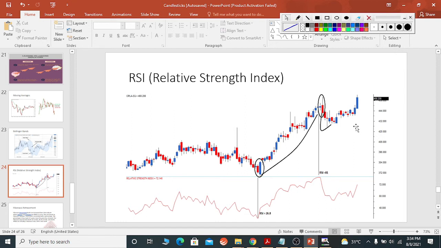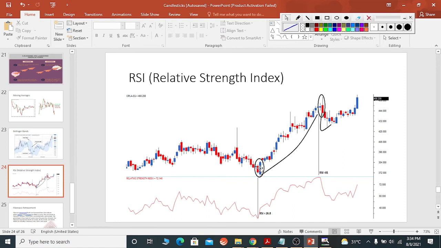Just one thing: when we learned about candlesticks earlier, the red candlestick showed the bearish nature and the green one showed the bullish nature, right? But over here the colors are red and blue. Does blue indicate green? Blue is indicating green only.